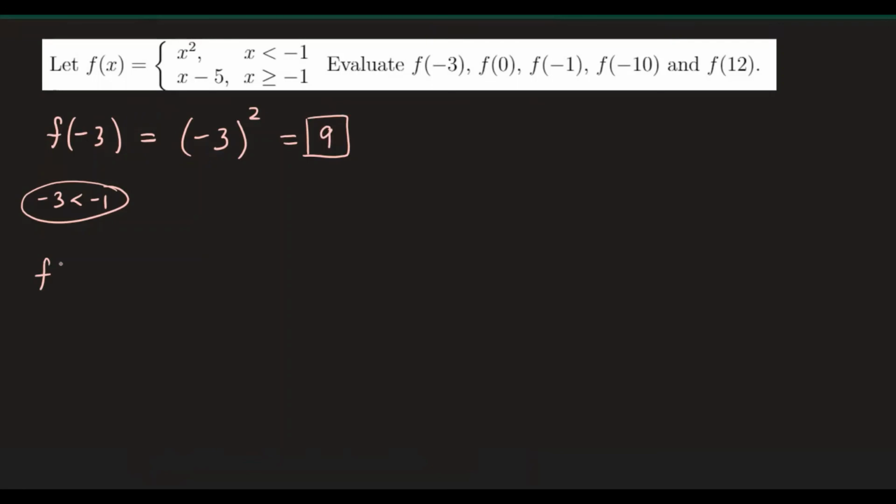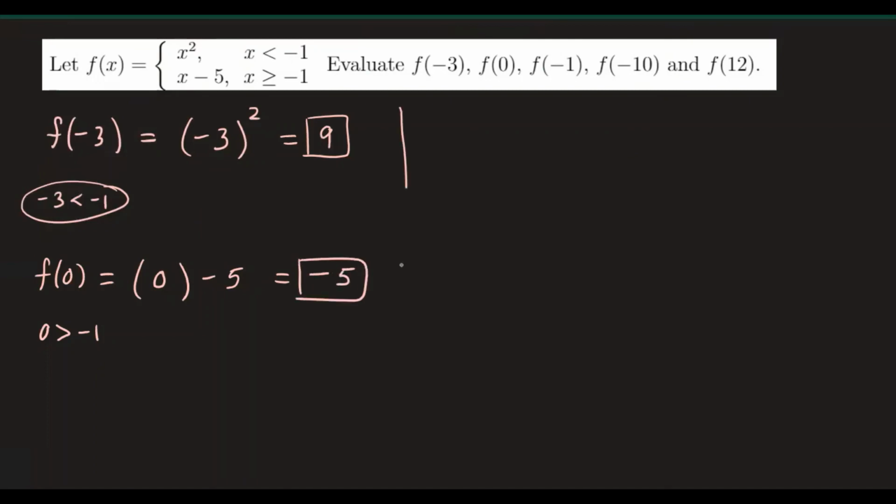Similarly, for f of 0, again, we pick which interval 0 is in. So 0 is greater than -1. So that means we have to pick the second function. So we're going to pick x minus 5 to evaluate that. So we plug in 0 into x. We have 0 minus 5, which is -5.